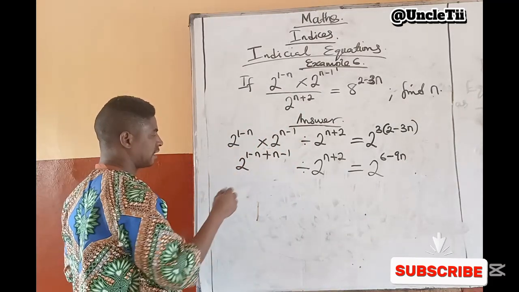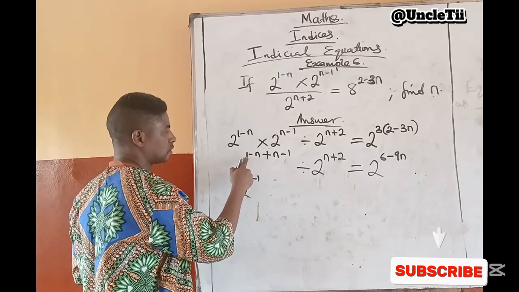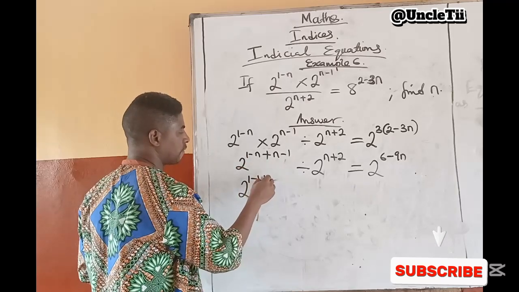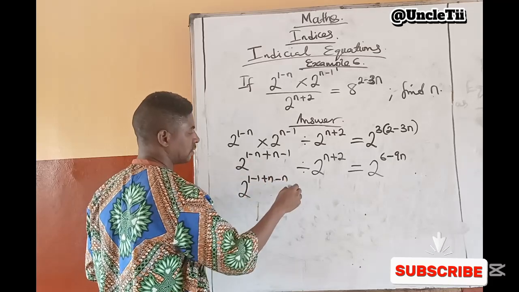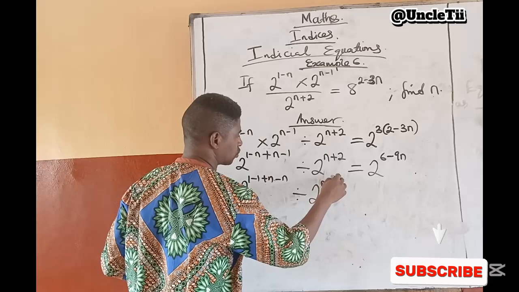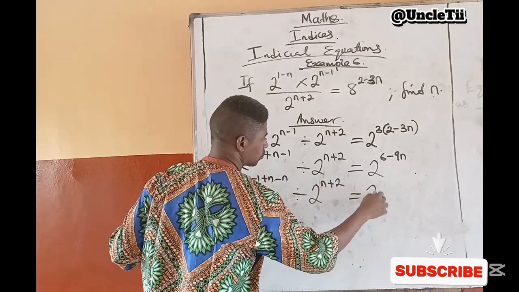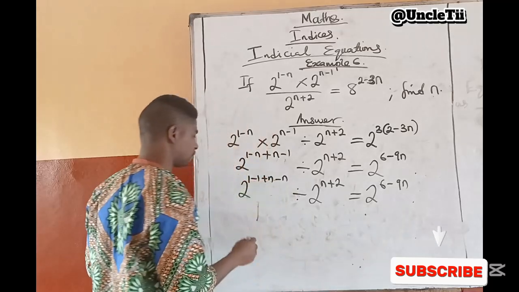So we simplify this to get 1 minus 1 plus n minus n, divided by 2 raised to power n plus 2, equal to 2 raised to power 6 minus 9n.